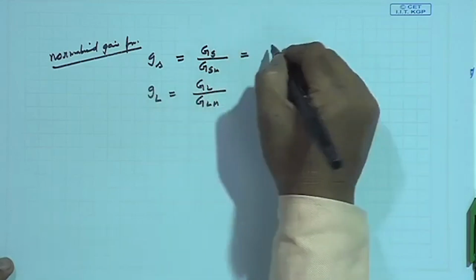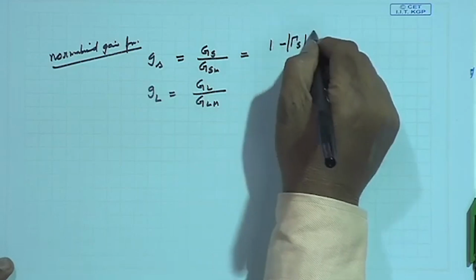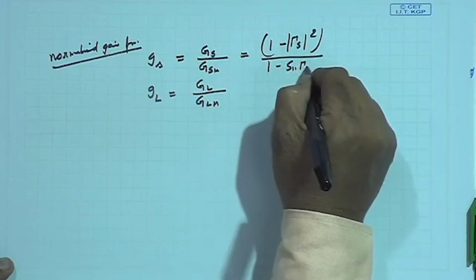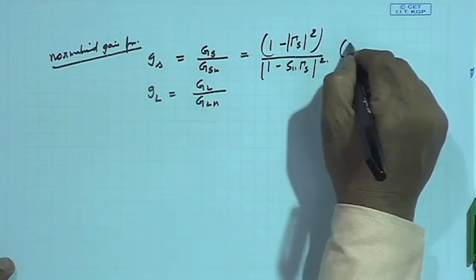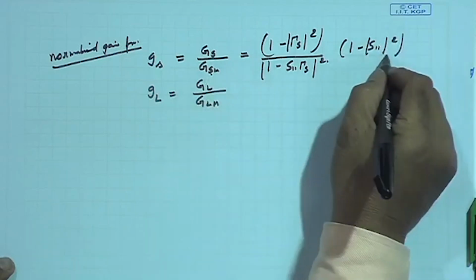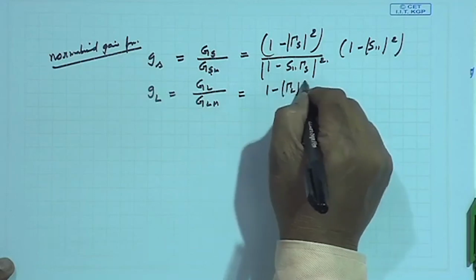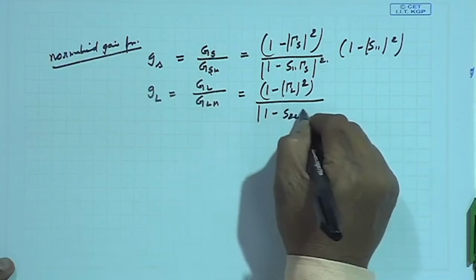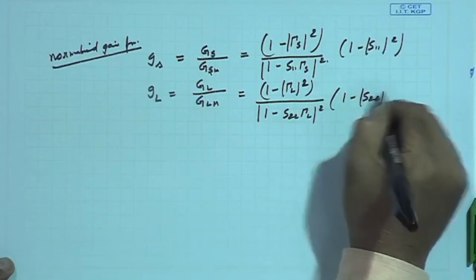If I write the expressions, gs is (1 minus |gamma S|^2) by |1 minus S11 gamma S|^2, times (1 minus |S11|^2), since the maximum was the denominator and has gone here. Similarly, gl is (1 minus |gamma L|^2) by |1 minus S22 gamma L|^2, times (1 minus |S22|^2).